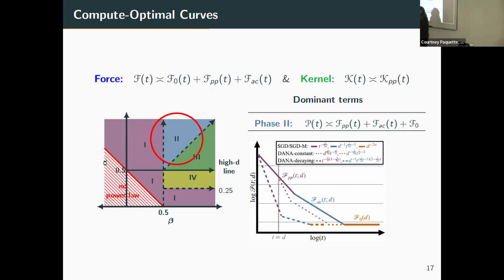So what I'm saying here is that in this set of alphas and betas, where alphas are your data and betas are your target complexity, you get a different shape for your loss curve. Your loss curve will first go down at a rate like FPP, then it'll switch over to a different rate and then finally level off. And if you know this behavior, compute optimality has to occur either here or here.